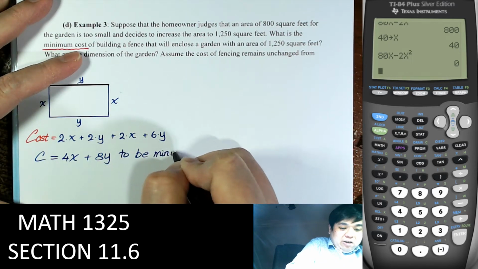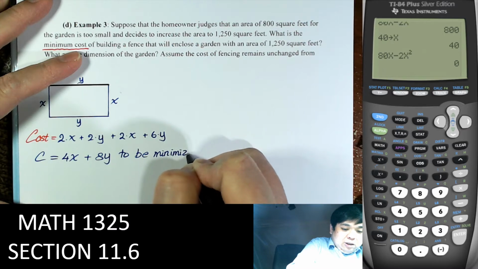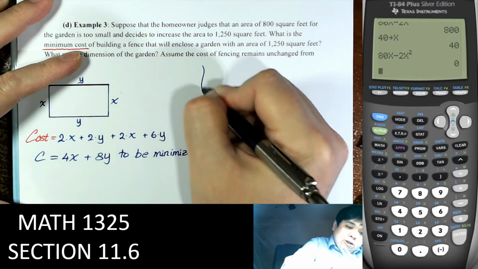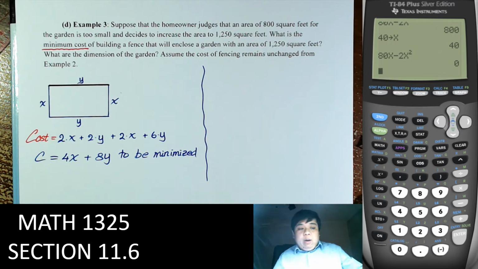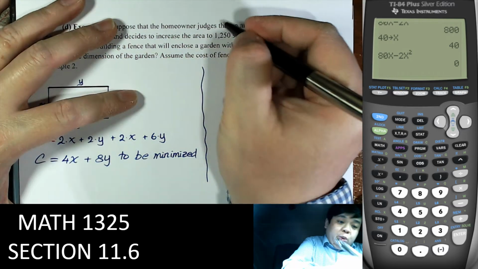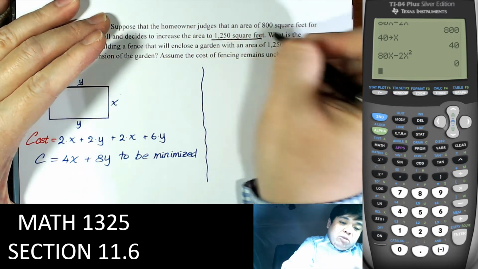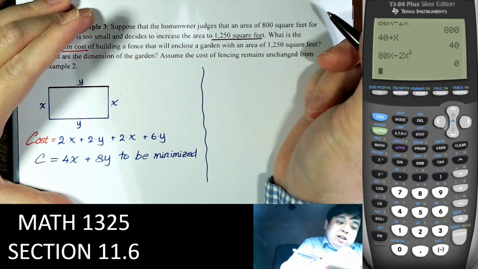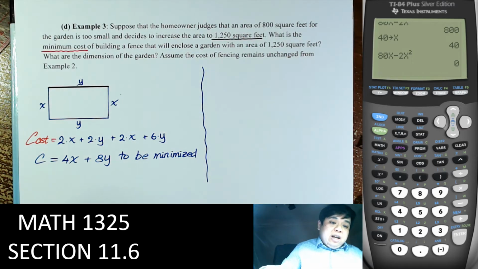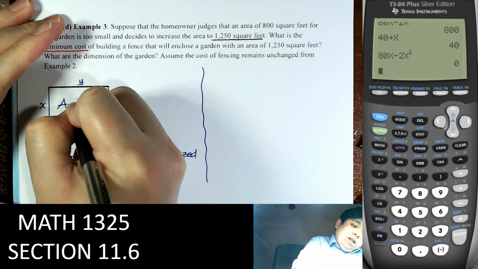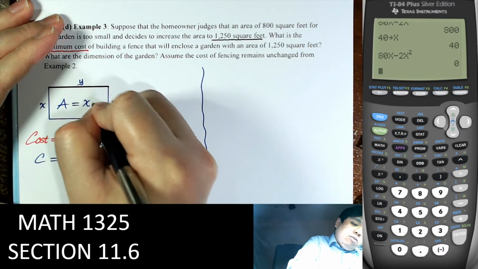So slightly different. What we have in this problem is we do want to have exactly 1250 square feet. That is the area. We want the area to be that. The area is x times y, by the way.